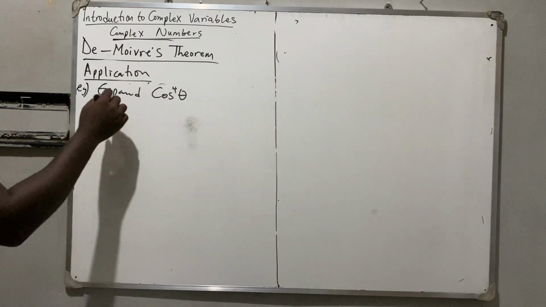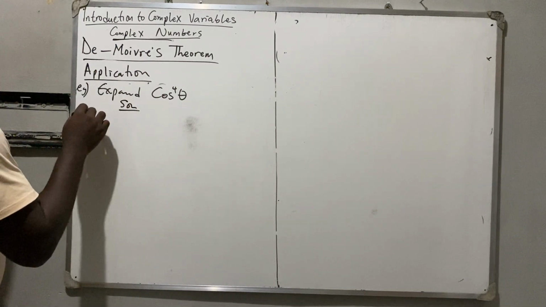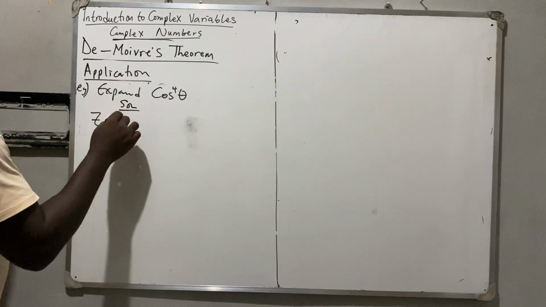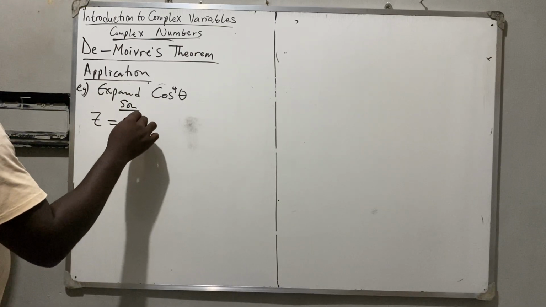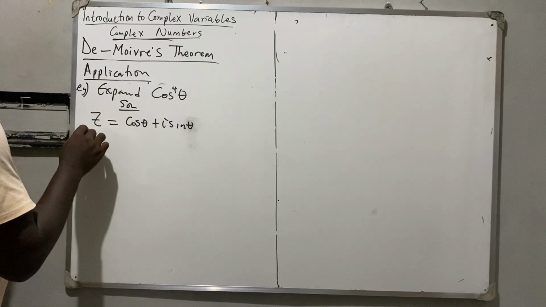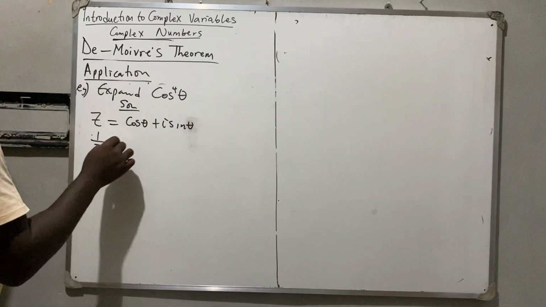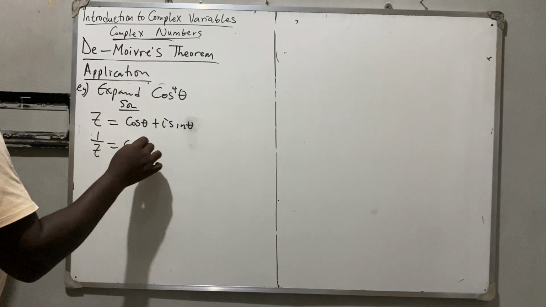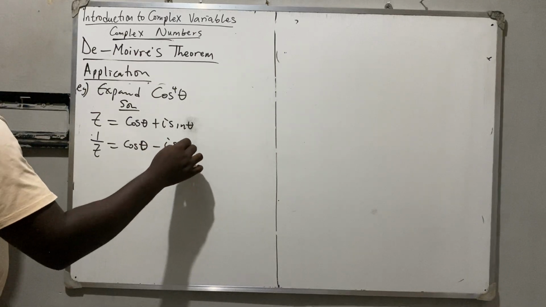Solution. We know that z is the same as cos theta plus I sine theta. Remember. And then 1 over z is equal to cos theta minus I sine theta.